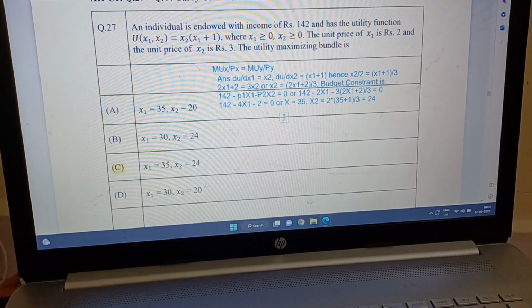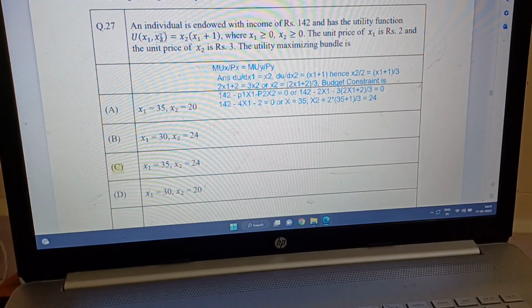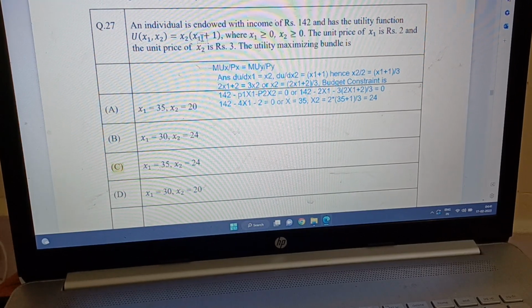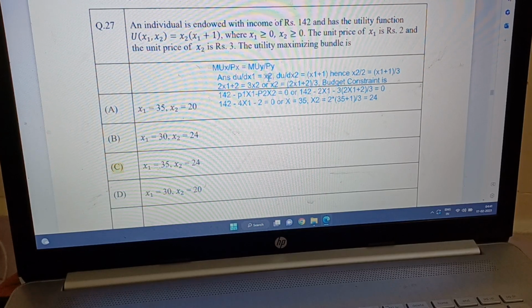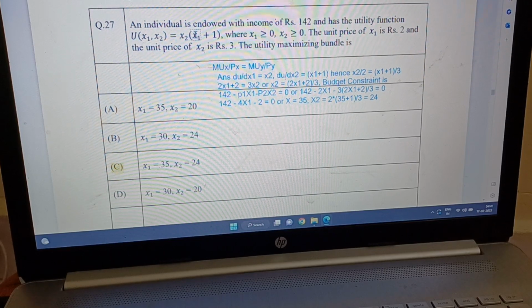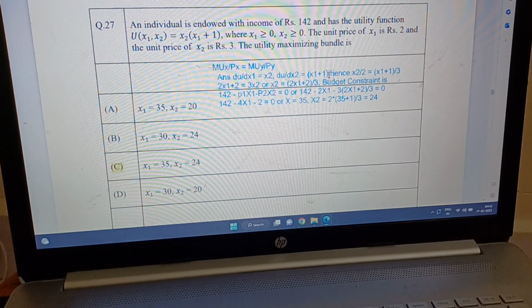So here is how I have solved it. MUx is equal to what? du/dx1 is equal to just x2, because it is x1 times x2, so x2 is left, and du/dx2 is equal to x1 plus 1.